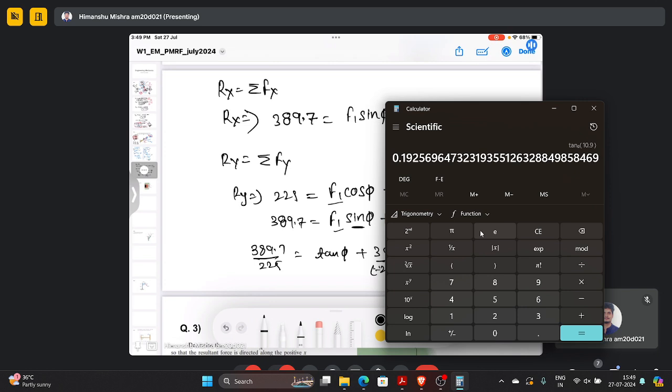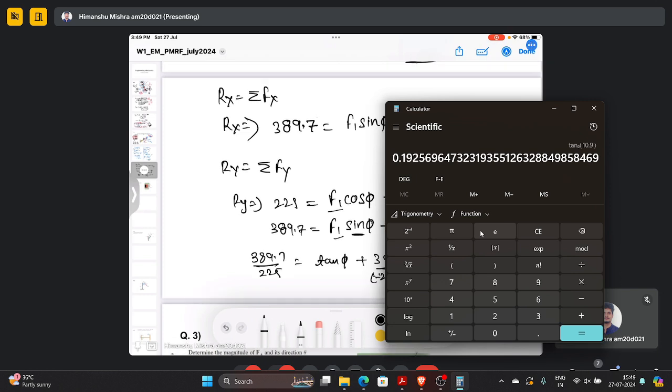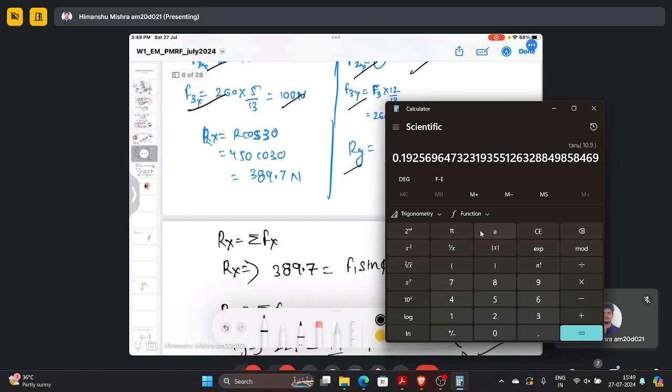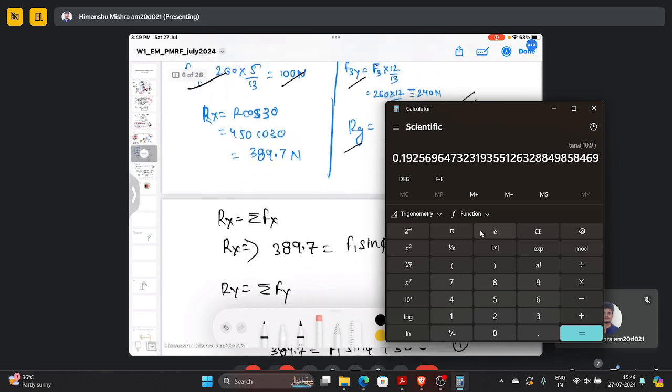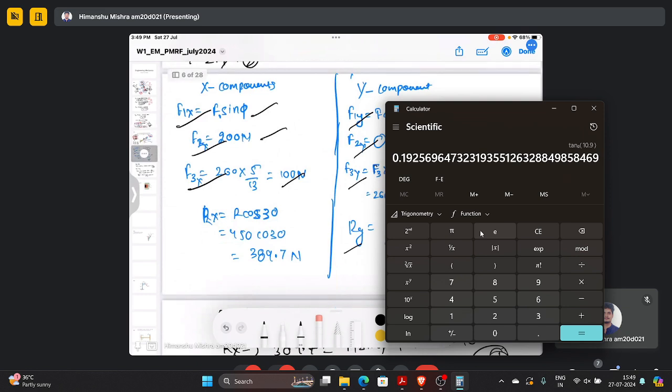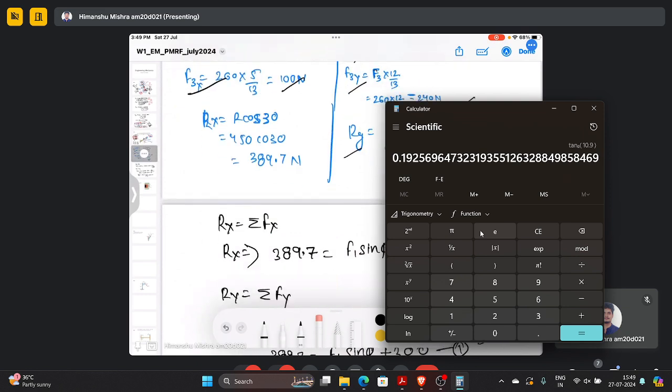Solving this, I will get phi equal to 10.9 degrees. Now I can substitute phi in either of these equations. Let me substitute in equation 1. I have here 389.7 equals F1 sin 10.9 plus 300.